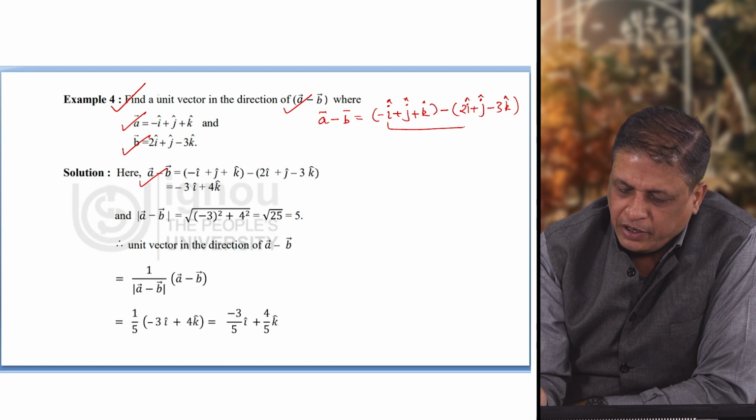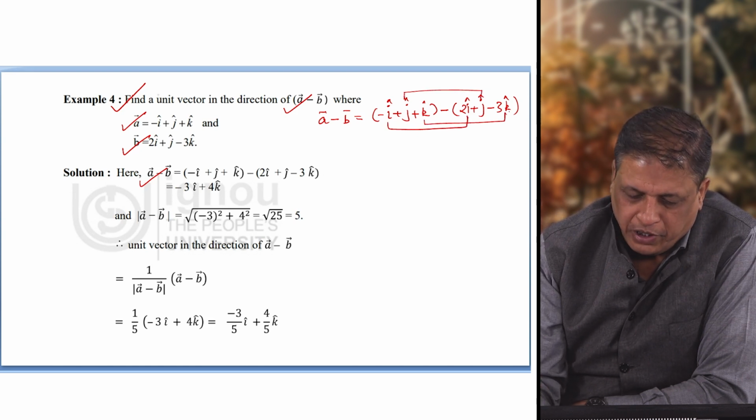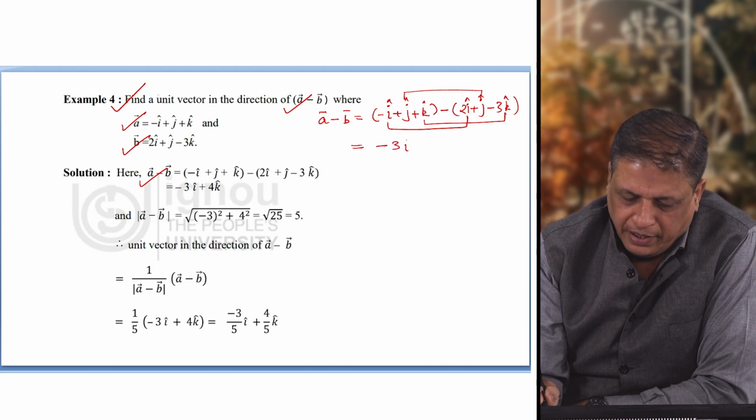Now, subtracting i component from i component, j component from j component, and k component from k component, you will get minus 3i plus 4k.